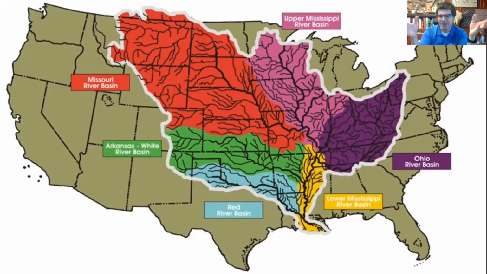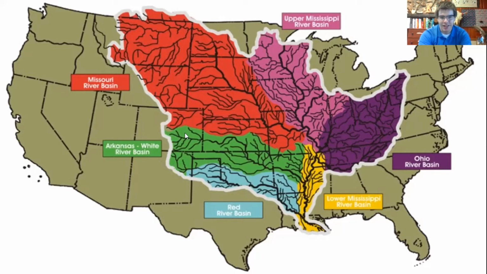How much soil is being moved through something like, say, the Mississippi River, which is our largest river in the United States. The Mississippi River is this whole river right here in the center. It's this guy right here that runs all the way down from up here in Minnesota all the way down here into Louisiana. Some parts of Georgia are even in the Mississippi River watershed, like all the way up here.